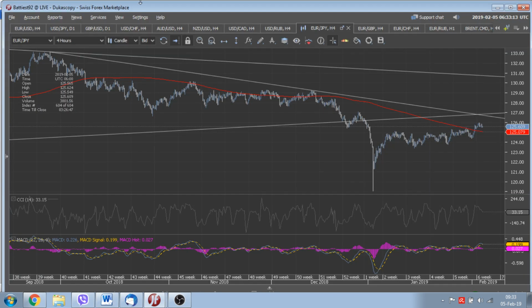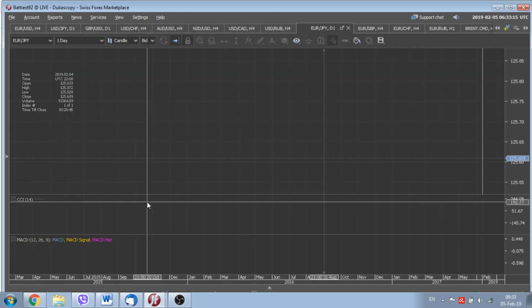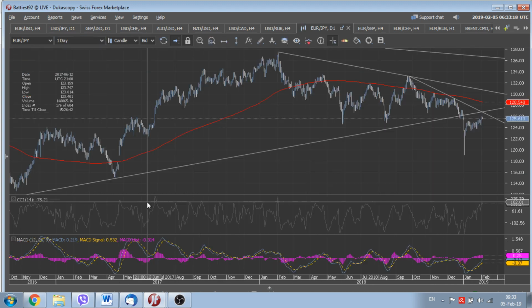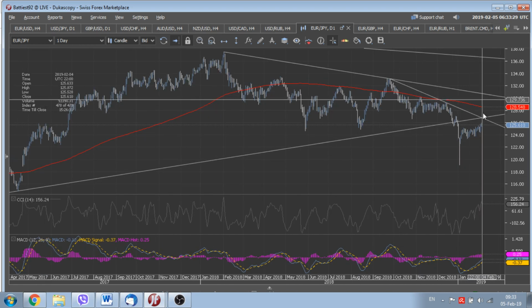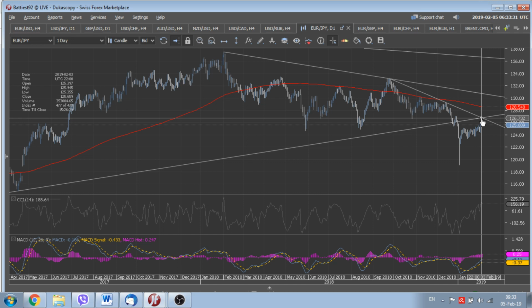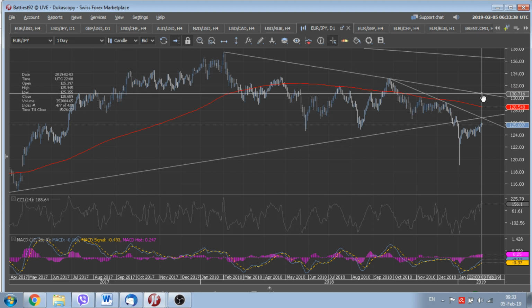Don't forget that around this line also lies the 200 daily moving average around 128.54, not so close to this level, but anyway we should understand that despite the so-called immediate downtrend line at 126.70, there is another important downtrend line of 2019 located at 130.70.